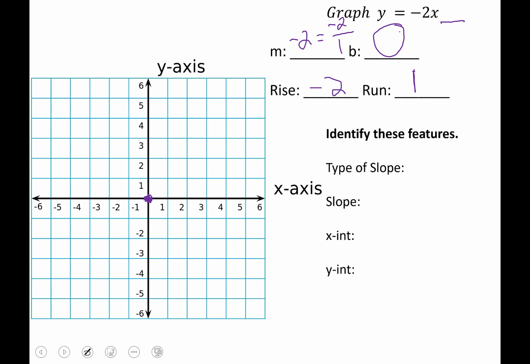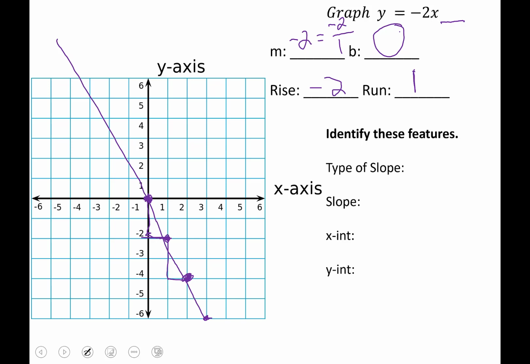So from my y-intercept, I'm going to go down 2, right 1. Then down 2, right 1. And again, one more time, down 2, right 1. And then I'm going to connect my points.